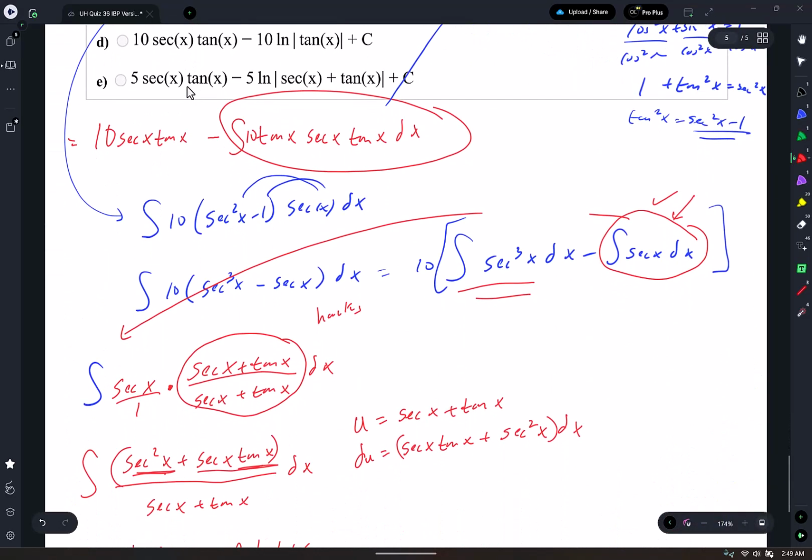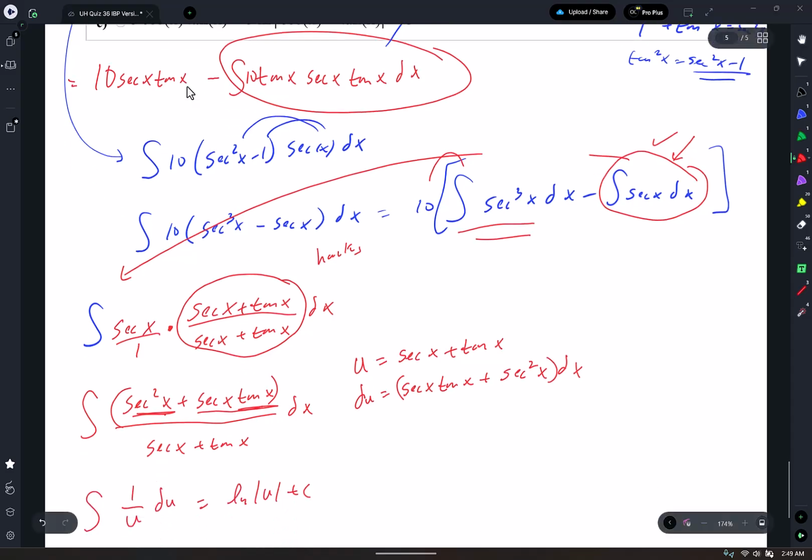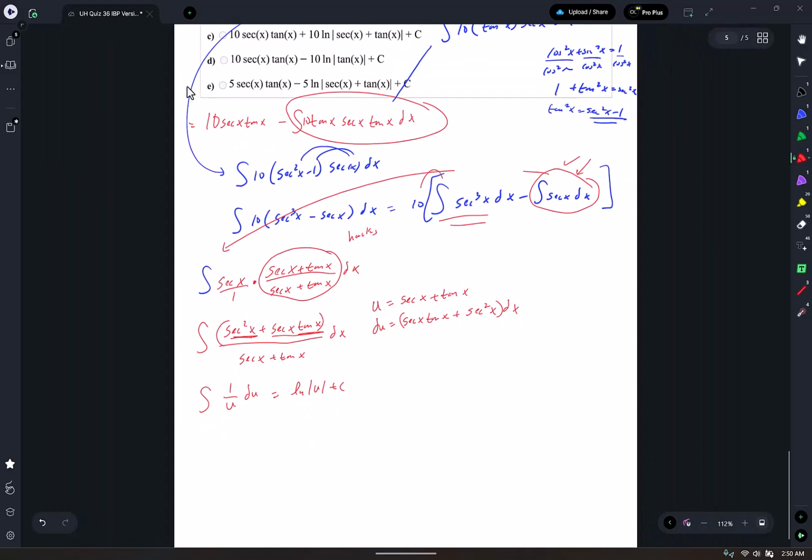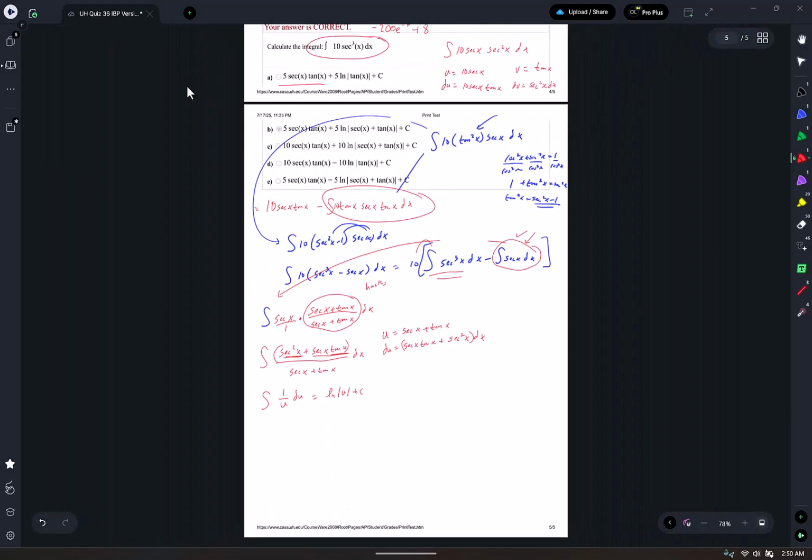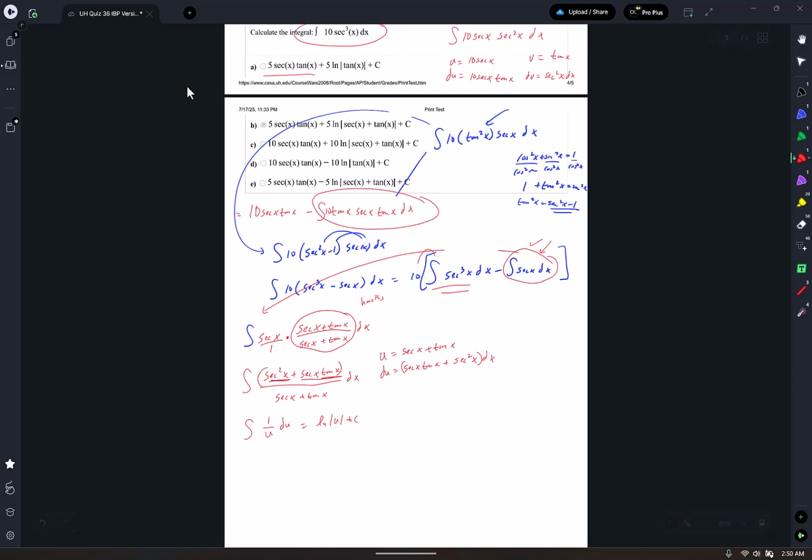So let's go ahead and distribute this 10 now. So here's what we have. Let me go ahead and write it in green. The integral of 10 secant cubed x dx equals, and what did we get the first time around, the first iteration? We got this guy here. So equals 10 secant x tan x.